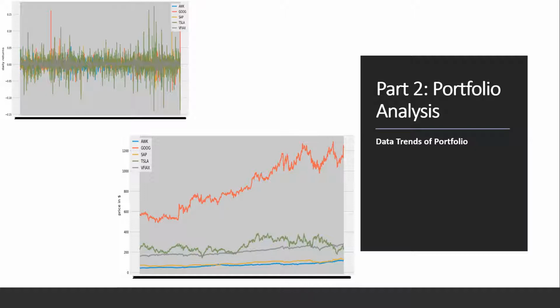And these are the daily returns and the volumes you can see. Again, Tesla and Vanguard are having high movements in the volume. This is just a visualization tool to let you see how your portfolios are doing over the current years.